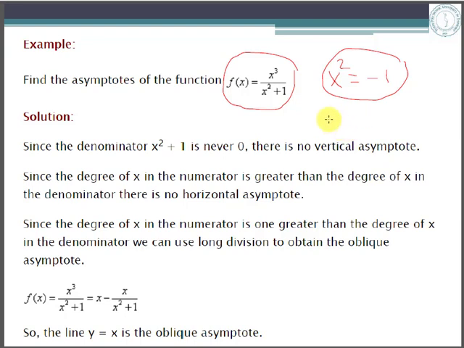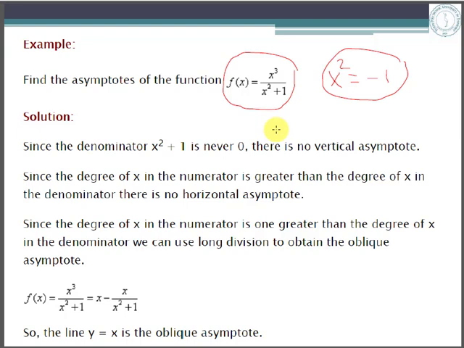So the degree of x in the numerator is greater than the degree of the denominator, so it means there is no horizontal asymptote, because if we find the limit of this function as x tends to infinity, the limit is just infinity.